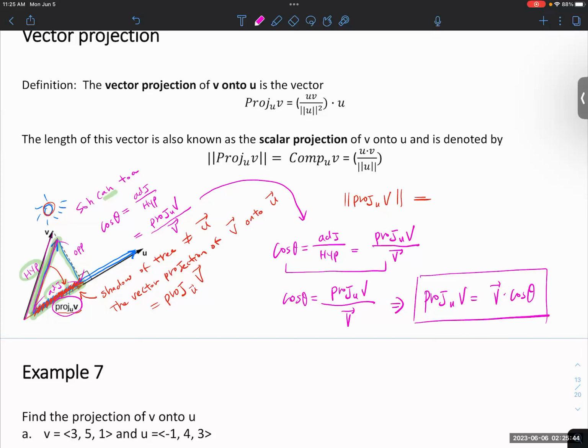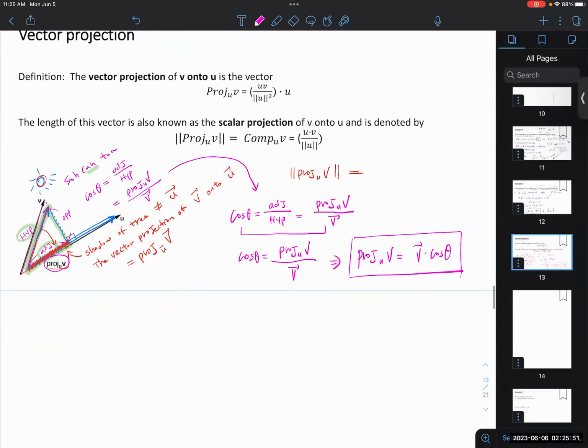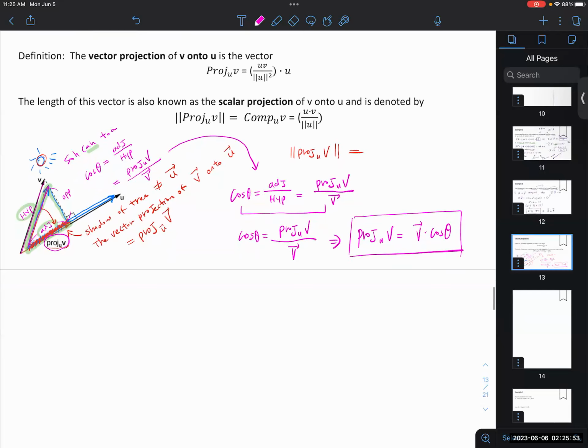Okay, so this is the one thing we just discovered. I'm going to go to the next slide. I'm just giving you the idea. The projection of v onto u is this red line, the shadow of the tree. That's how you read it, the vector projection of v onto u. How would you be able to find this length?